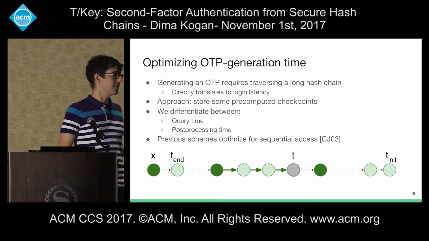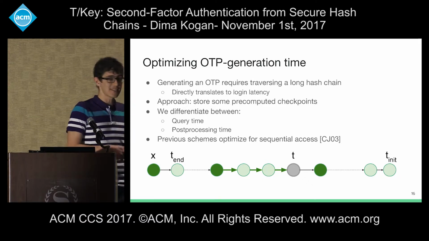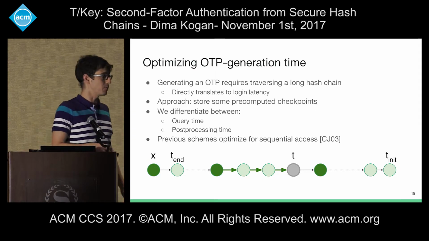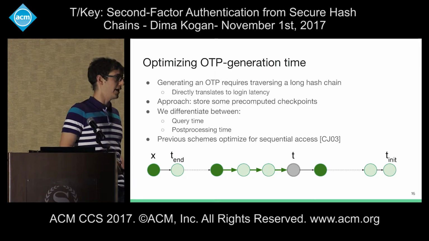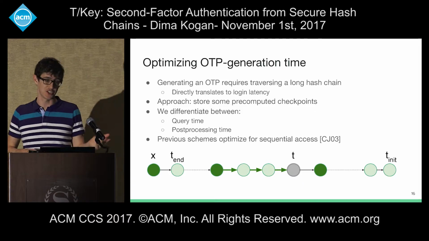In our case, the logins usually do not happen every 30 seconds, and so the access to the chain is random access. You have those jumps between one authentication attempt, let's say the initial authentication attempt, and the next one. And we need to address this access pattern to the chain.